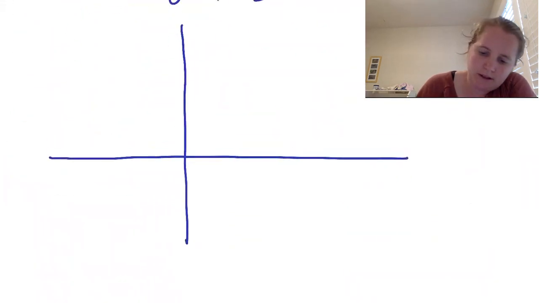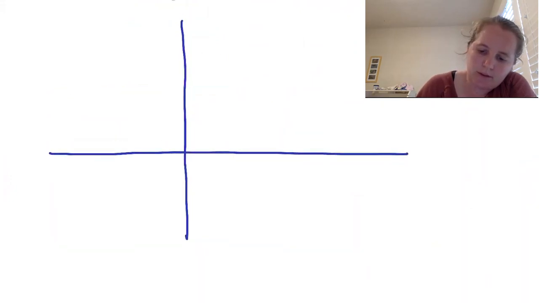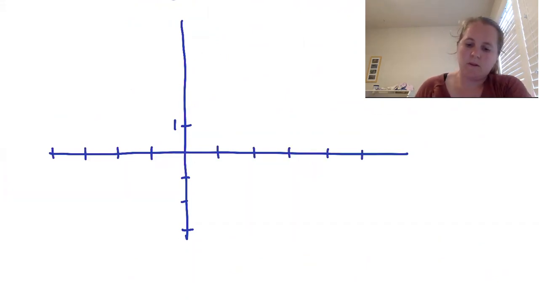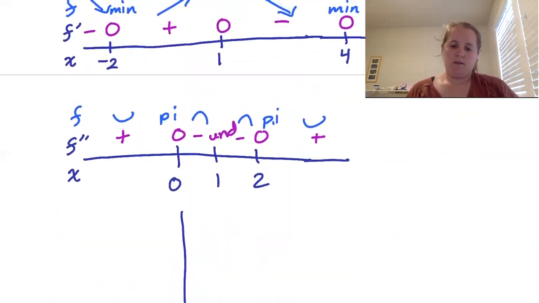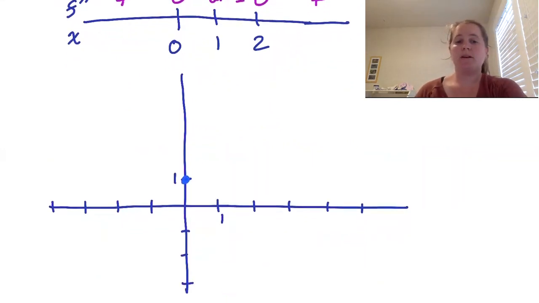So we can go ahead and put that at f of 0 we're 1. And then we had points of interest at -2. So we're crossing at x equals 0, y equals 1.